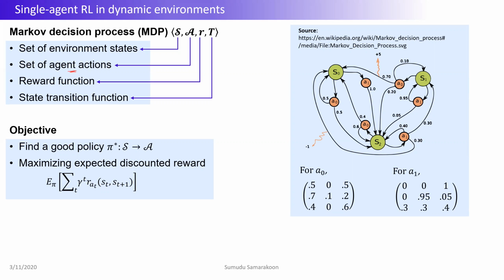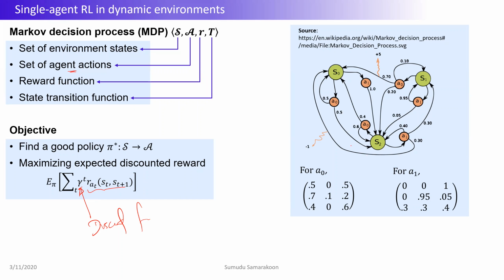The objective of this MDP is to find a good policy that maps the state space to the action space, that maximizes the expected discounted reward. Here the reward is R and gamma is a discount factor, right? This is considered as expected reward that could be over a finite or infinite time horizon.